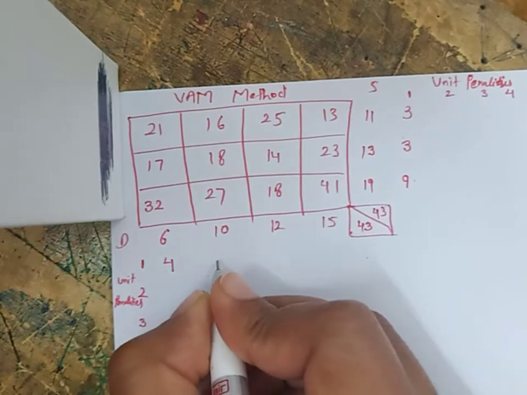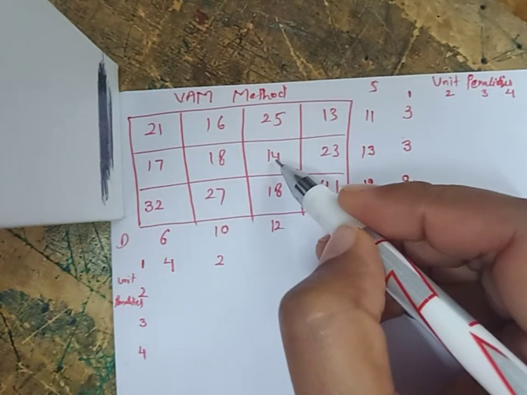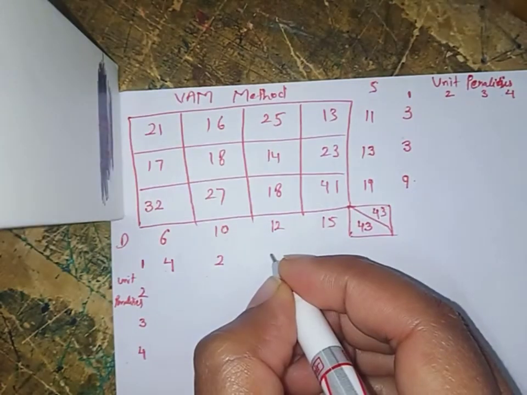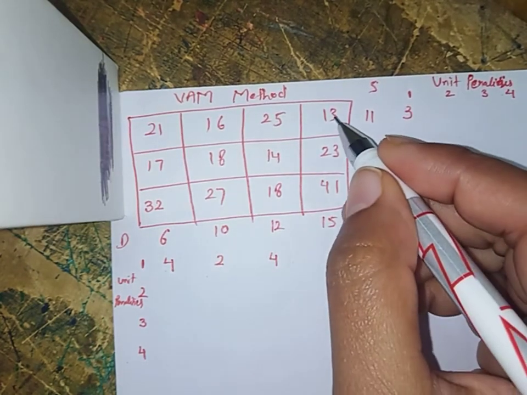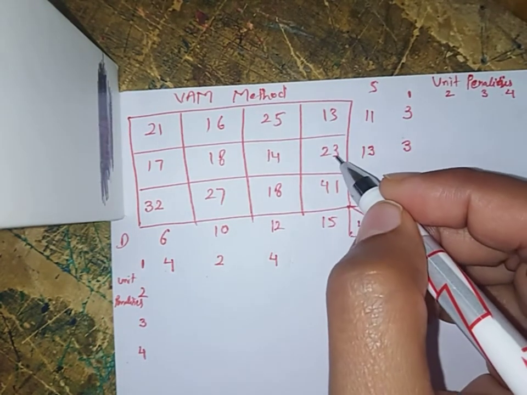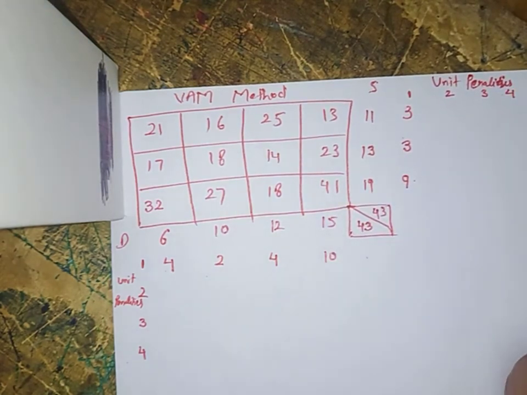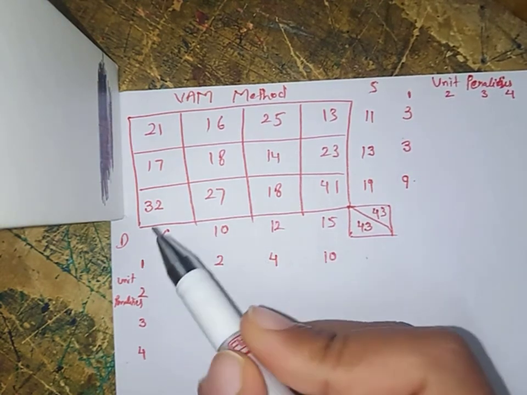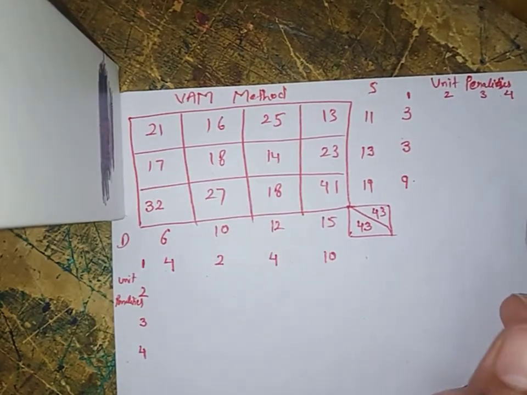And the difference is 2. 14 and 18. The difference is 4. 13 and 23. Difference is 10. So this is how we calculated unit penalty 1. The difference between lowest two cells is known as unit penalty.